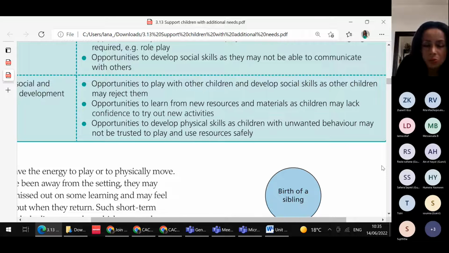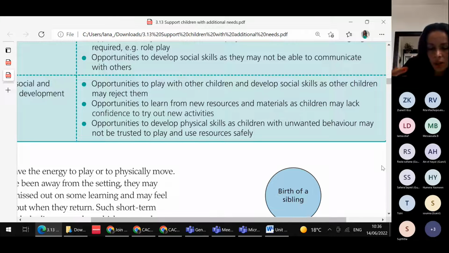So why? Because the child will feel unwanted. He will feel that the other children wouldn't want to play with him because he's not as healthy as other children. That will make him feel frustrated, unsatisfied. Maybe he would use other resources, not sharing resources that other children would use.